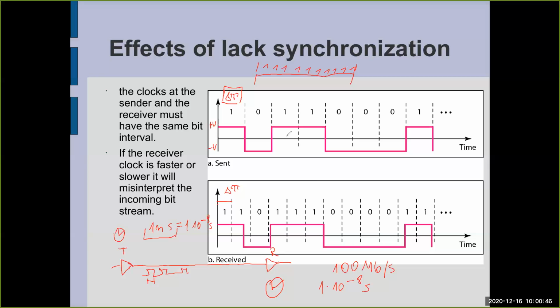What is the problem? Okay, if we add additional bit here and we send binary data, everything will be moved. So not only this bit will be falsified, but here this bit will be interpreted as the value on this position. So other values will be also interpreted in the wrong way.